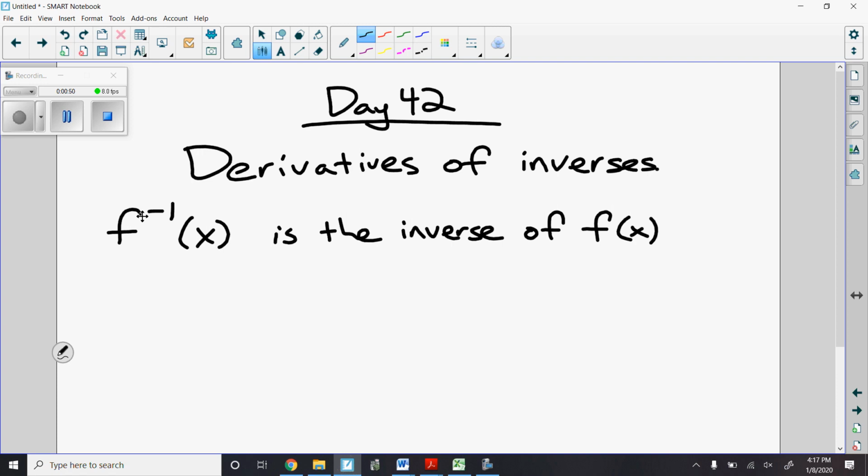The first thing is this little f with a superscript -1 of x. That's our notation for inverse.